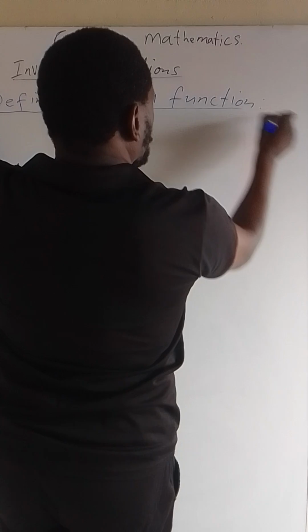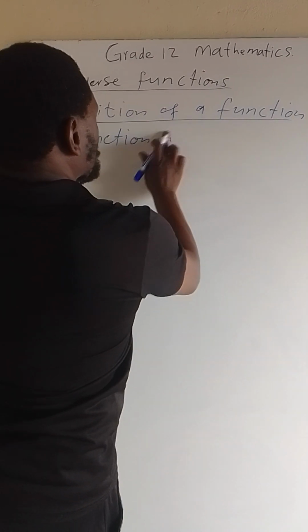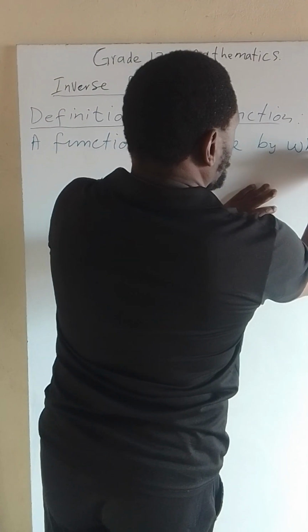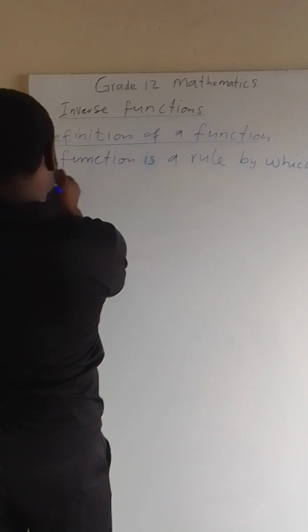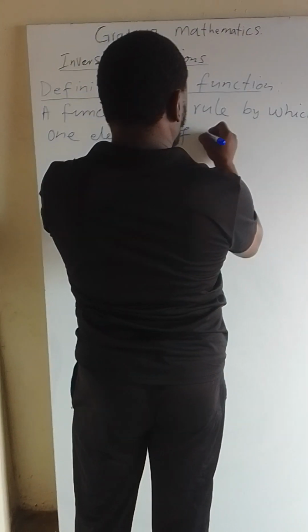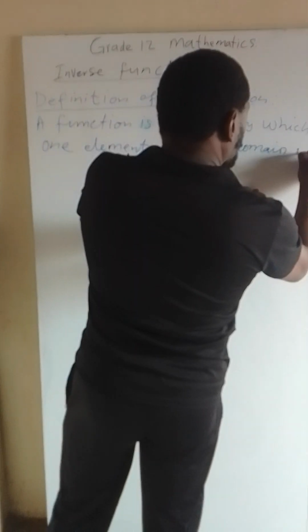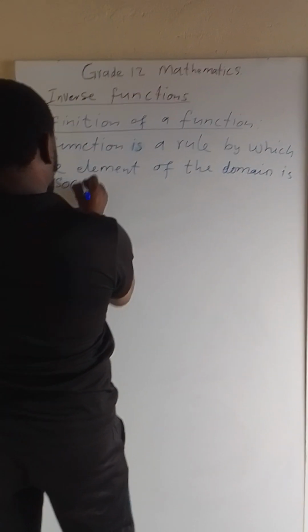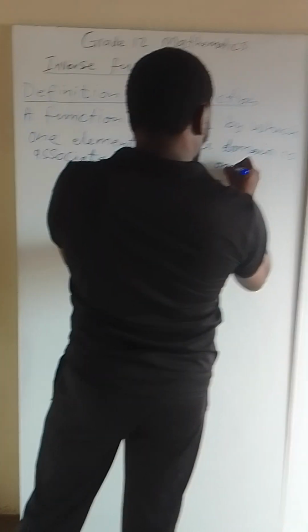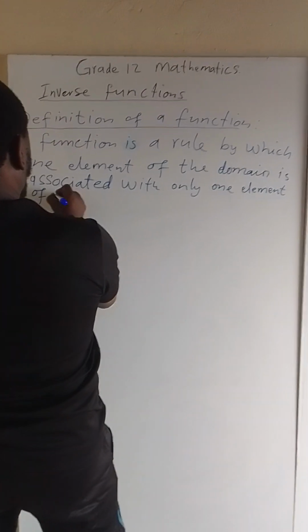What is a function? A function is a rule by which one element of a domain is associated with only one element of the range.